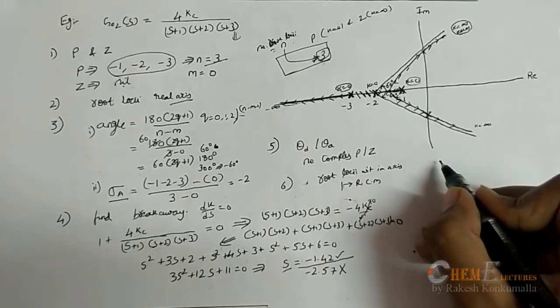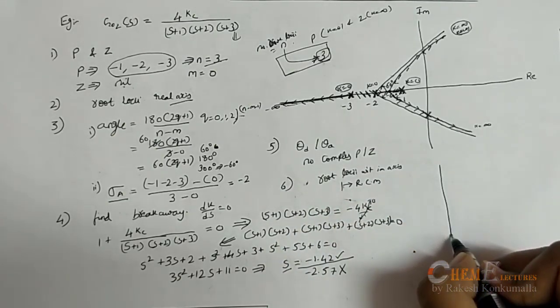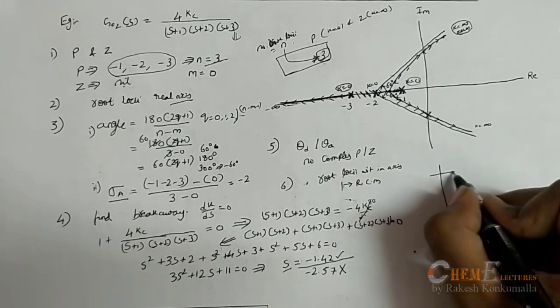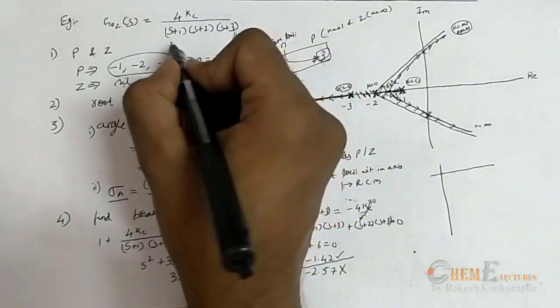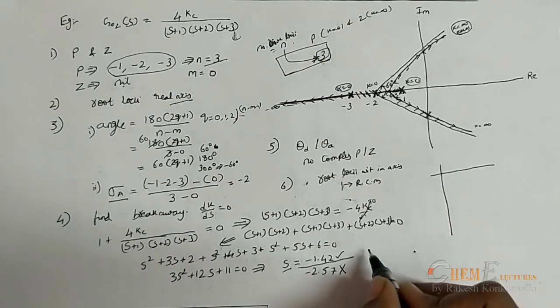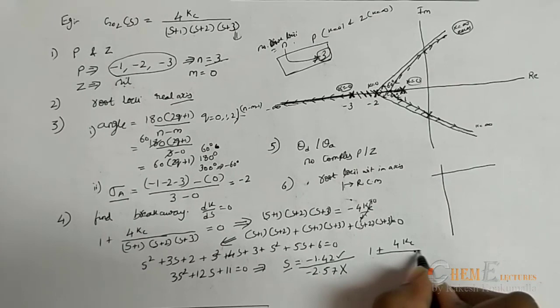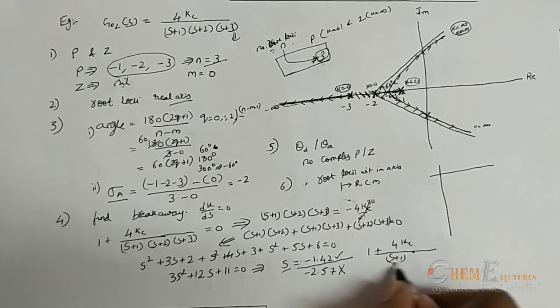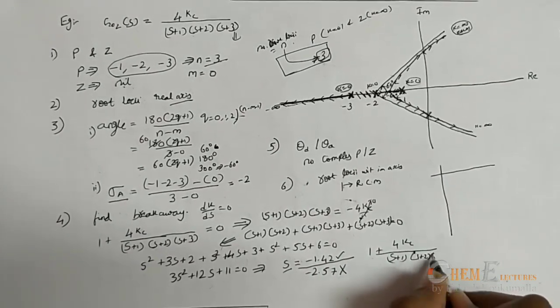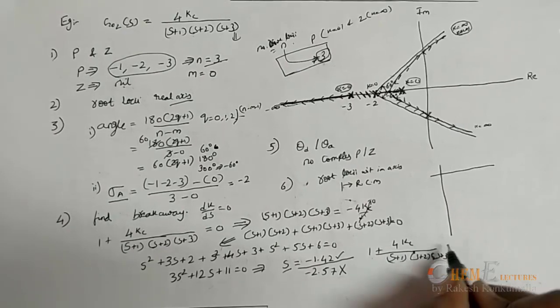Let me take this Routh's criteria method. Before that I need to find this algebraic equation in terms of s power n coefficients. So my characteristic equation will be 1 plus 4kc by (s plus 1)(s plus 2)(s plus 3) is equal to 0.